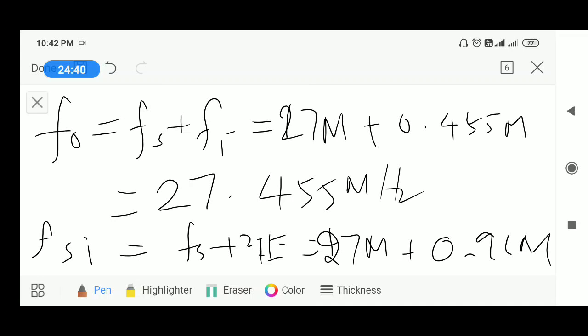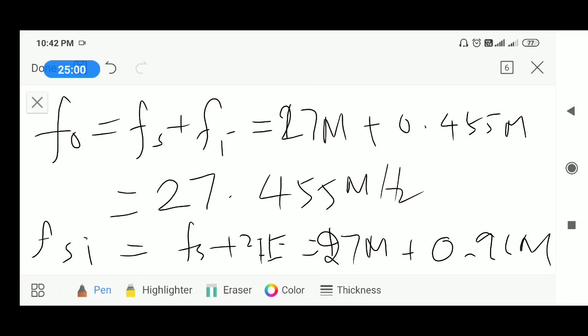First we calculate F0, that is Fs plus Fi, where Fi is nothing but IF. 27 mega plus 0.455 mega, the total value of the local oscillator is 27.455 mega.